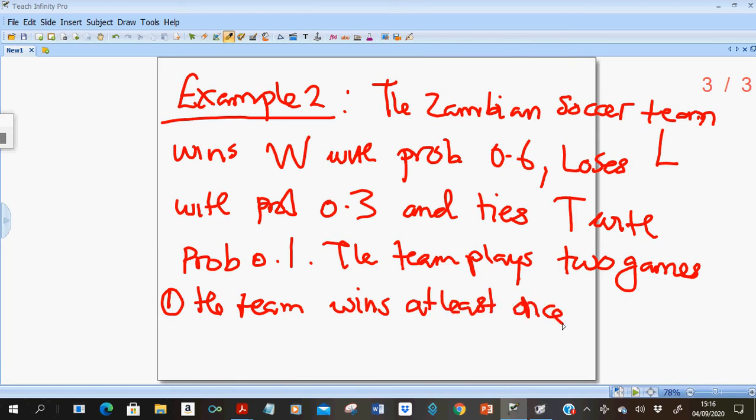Second question: what is the probability that the team wins at least once and does not lose?